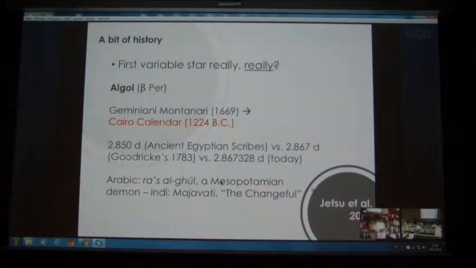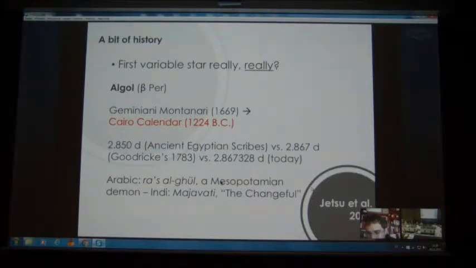It was discovered by Geminiano Montanari in 1669, but actually it was discovered by the ancient Egyptian scribes, who tabulated it in the Cairo Calendar in the 12th century before Christ. They could measure a periodicity of 2.85 days, which looks a lot like the periodicity that we know right now, of the order of 2.87 days.